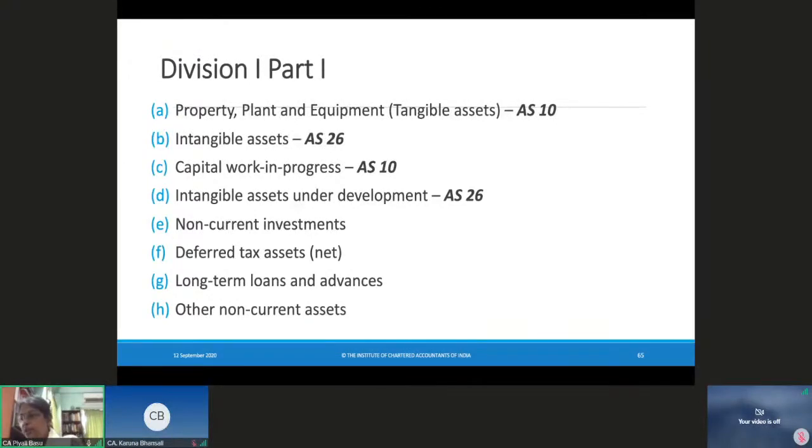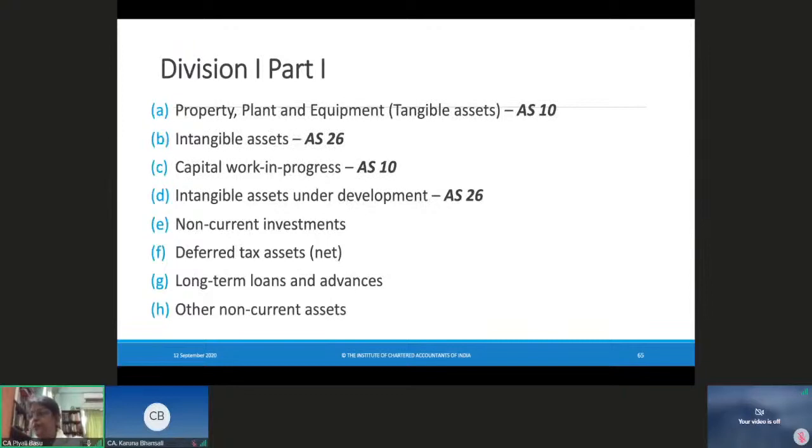Now, what does property, plant and equipment, PPE, say? There we have to go by Schedule 2. Schedule 2 is the guiding factor. The company should disclose the information about property, plant and equipment as per the format given by Schedule 2, which talks about land, building, plant and equipment, furniture, fixtures, vehicles, office equipment and others.